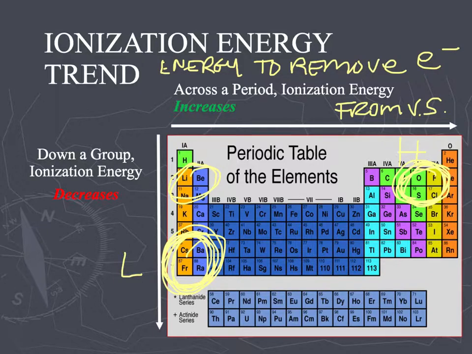As you go across a period, this way, the energy required to remove an electron is going to increase. And then as you go down a group, the energy to remove an electron is going to decrease.